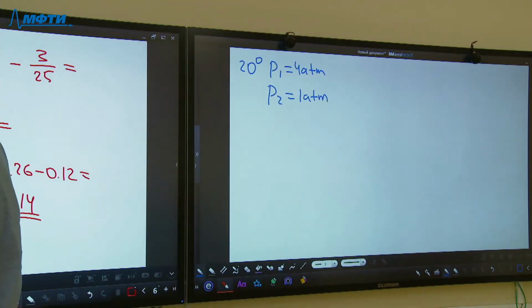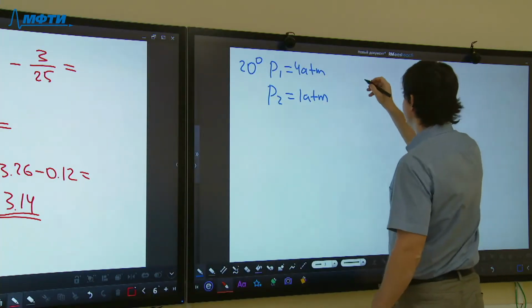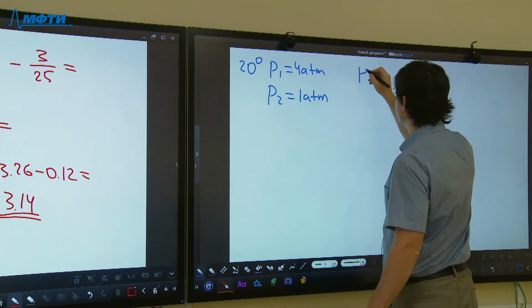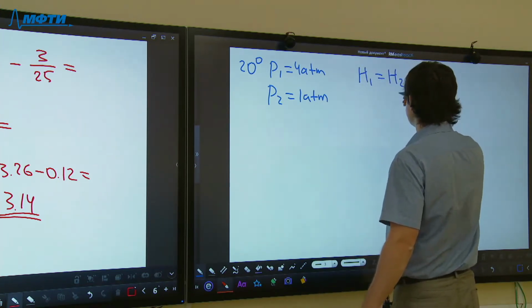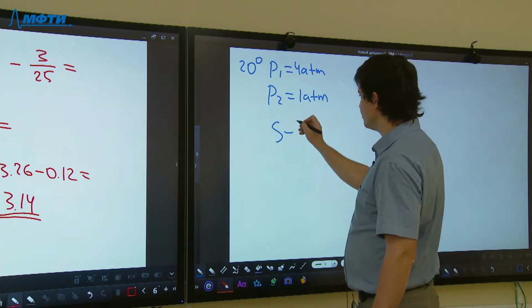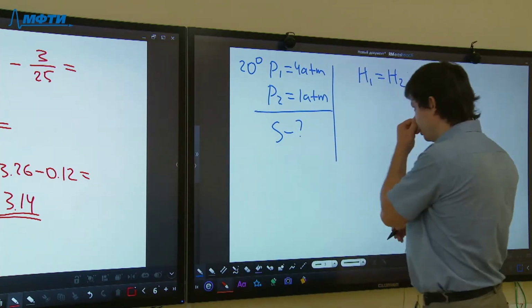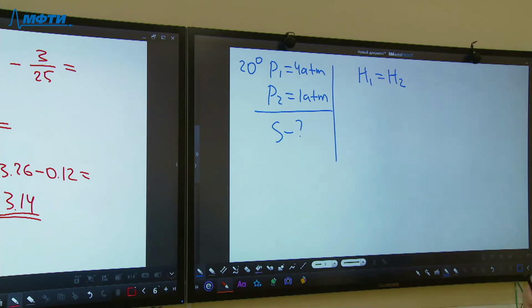Okay, we have some initial pressure, we have final pressure, and there is some change in entropy. So again, if we have a gas throttling process, that means that H1 equals H2, so this can be written without any kind of thinking, but I need to somehow think how it is related to the entropy. Okay, now let's go from the side of the entropy.